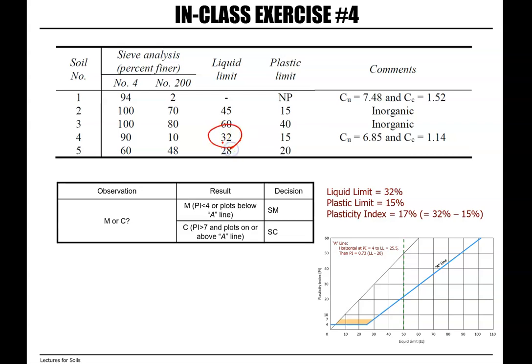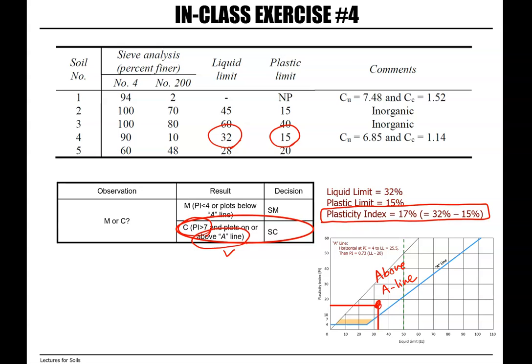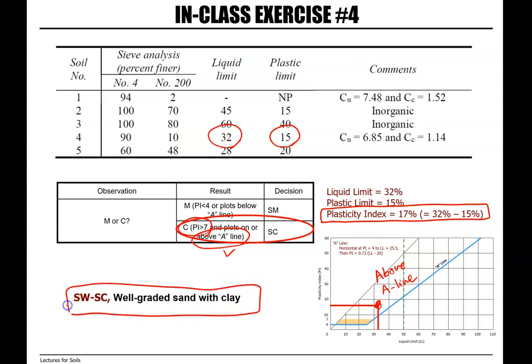Liquid limit is 32%, plastic limit 15, which gives us a plasticity index of 17. So our point is above A line. It's above A line, and PI is higher than 7, which means that we have clay in our sample. And the final symbol for this soil is SW-SC.